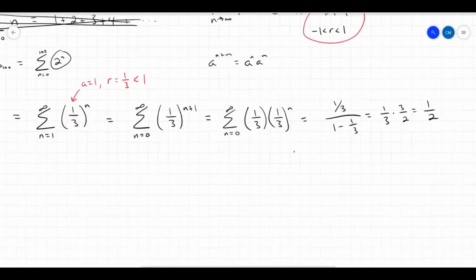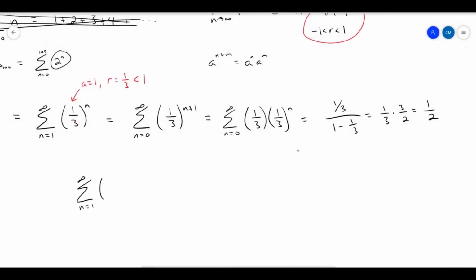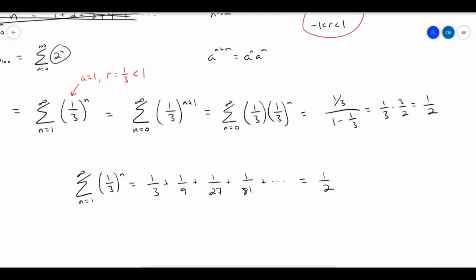Just putting this all into perspective, if I do this, I have (1/3)^n, and I think about what those terms are, I would have 1/3 plus 1/9 plus 1/27 plus 1/81, etc., and I would just keep going forever, all these numbers added together. Well, what's the sum of all of this? If I add all this together, I actually end up with a finite number, 1/2. Does that make sense what we're doing here?